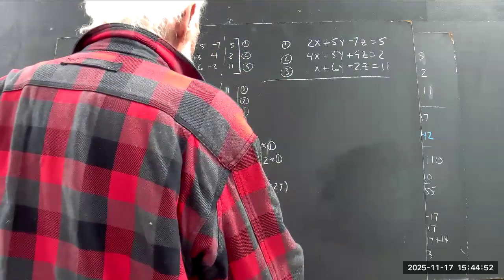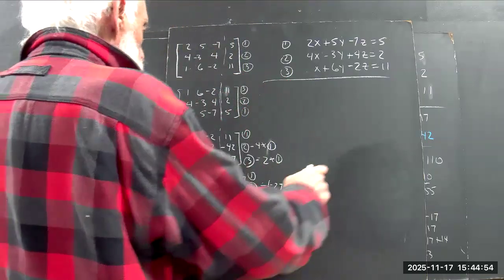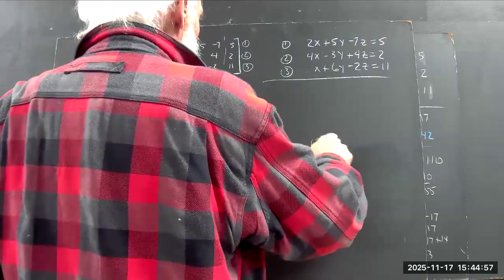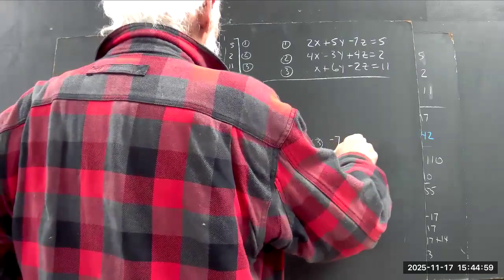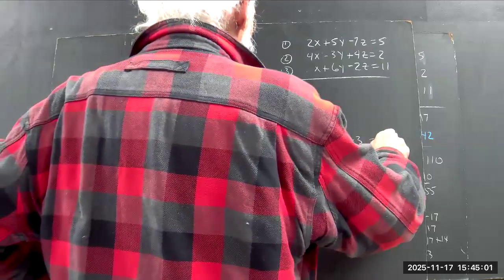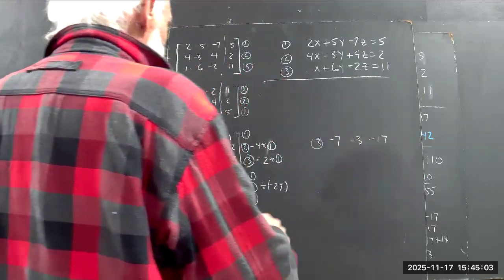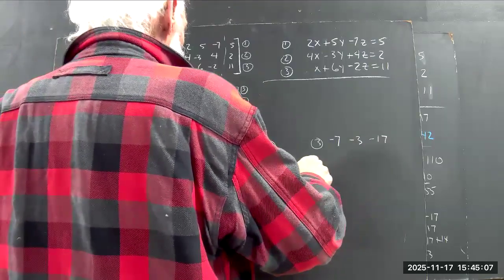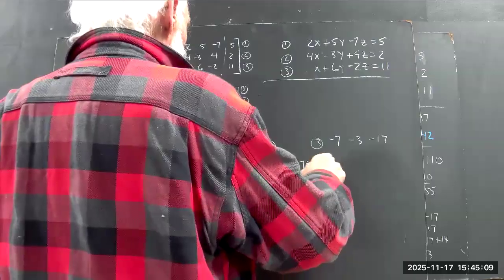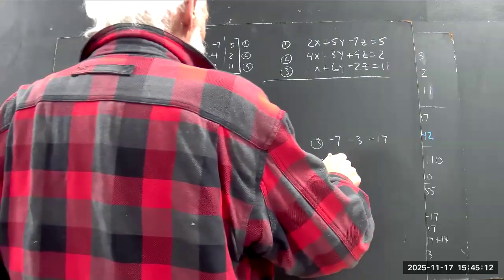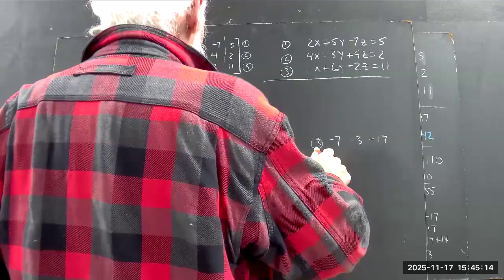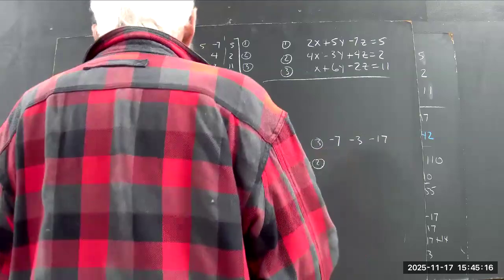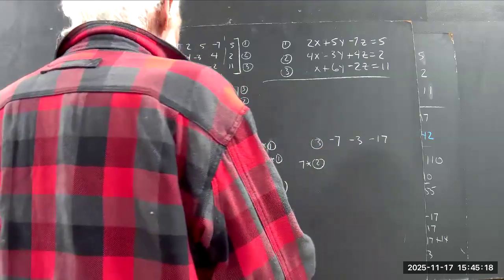Now I'm going to do row 3, which is 7, -3, -17. And I'm going to do 7 times row 2, which is going to give us, write out the entire row.